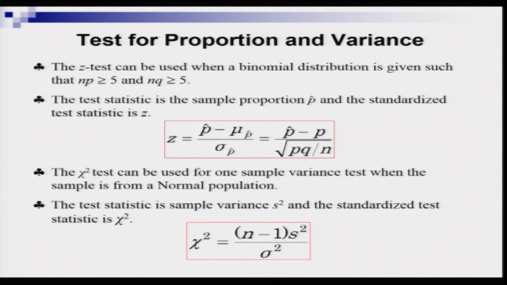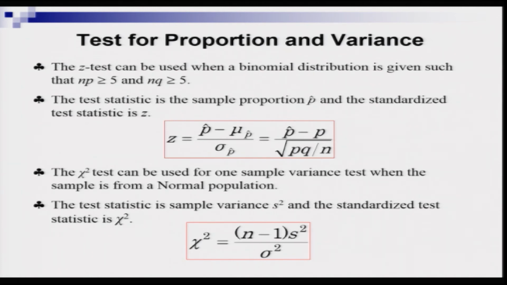You fix which approach you want to follow, the traditional approach or the p value approach, and then you start conducting the test. But here I am going to give you the test statistics, because they will differ from the Z test and the T test that we have done for testing the population mean.